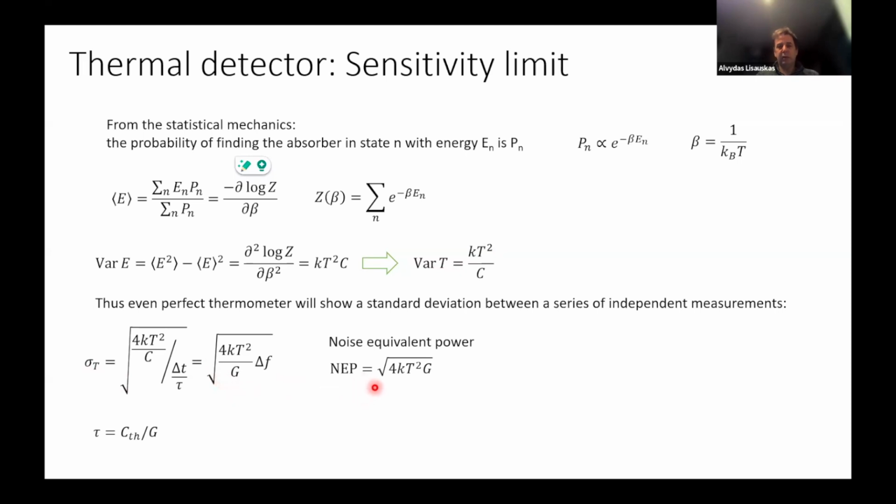So just coming directly from statistics, from enthalpy fluctuations, we can get the NEP, noise equivalent power, the smallest power which creates variations equal to the inherent fluctuations of the temperature, and it can be expressed by 4kT²G, where G is the thermal conductance.